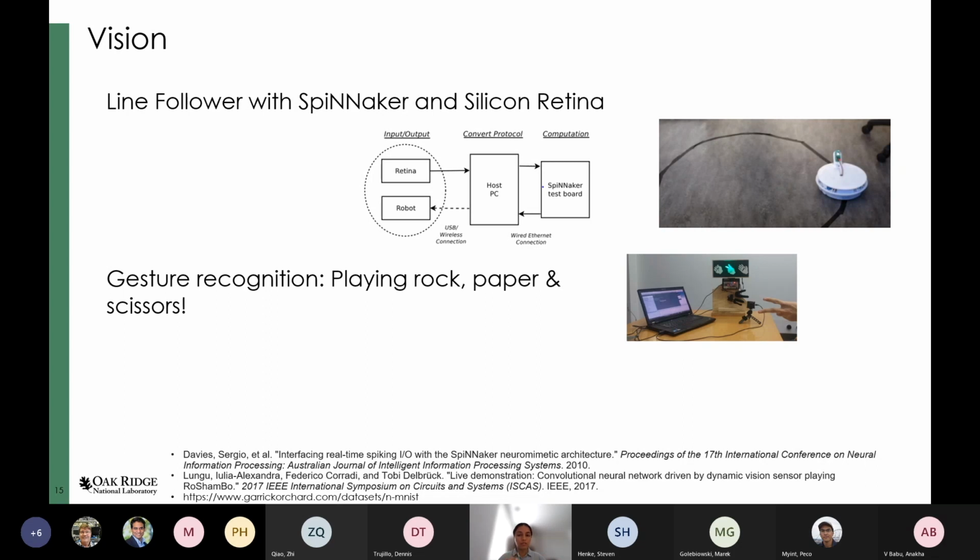The camera outputs events corresponding to the changes in the images where it is being focused. So people have demonstrated different applications, and one of the interesting ones is where people can play rock paper scissors, where it identifies the different gestures that the human hand is making in front of the camera. So these are some of the interesting, fun applications.